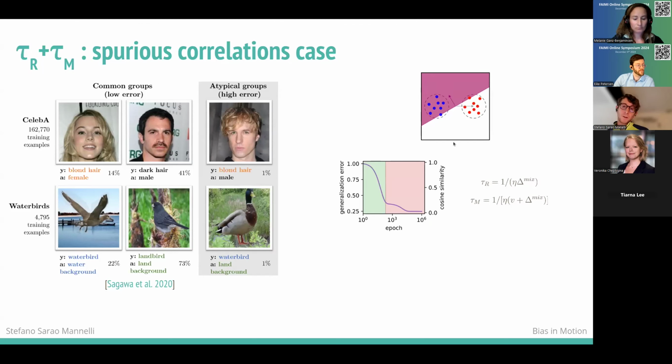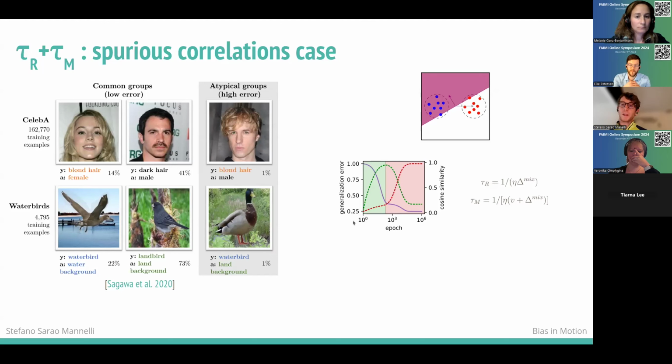If I train my classifier, what I see is a loss that looks like this. So you can see there is this initial plateau, and this is exactly what emerged from the spurious correlation. So now the green line is measuring how much I'm relying on the group membership in my classification. And you can see that in this phase, when we're at this plateau, basically the classifier is using only the membership attribute to predict the label.